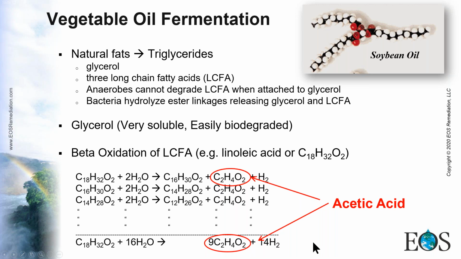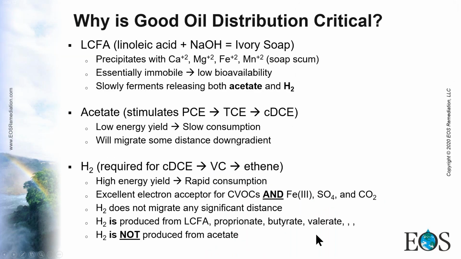If it's a fully saturated fat, you'll get more hydrogen. Everybody knows soybean oil is good for you. It's high in unsaturated fats, so it produces a little less hydrogen. That's the net reaction. So by this process we produce acetate and hydrogen.